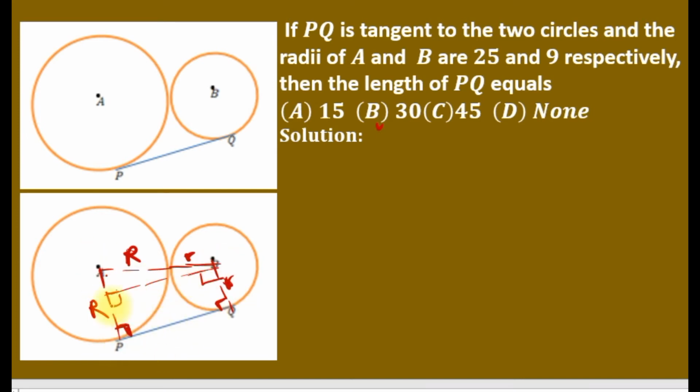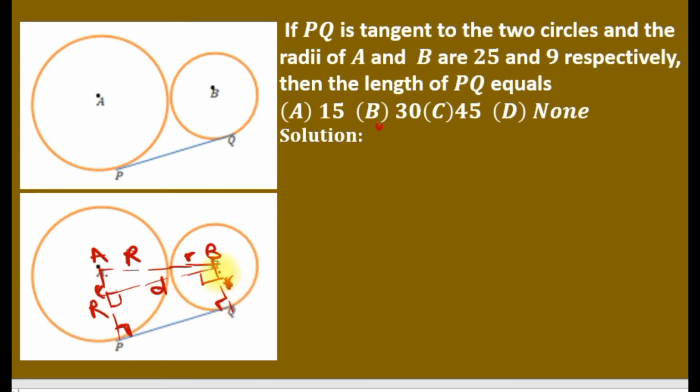So maybe let's call here C. We now have a right angle triangle CAB. If we know this length, let's call it D, we've known PQ because they are the same.